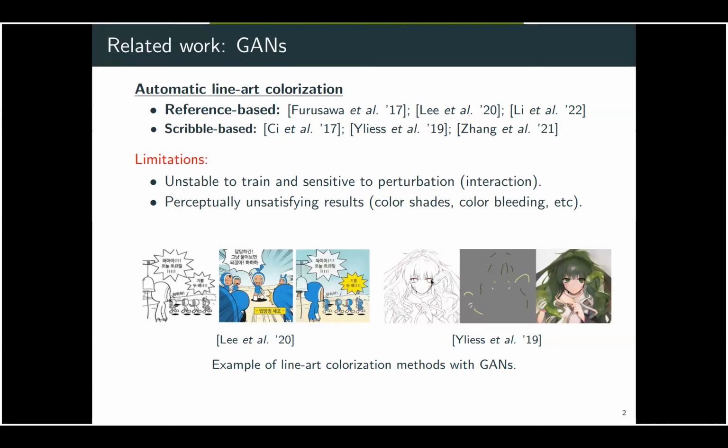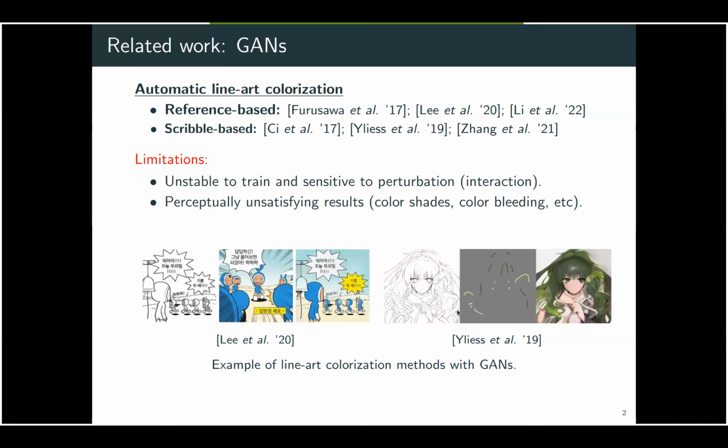These approaches can be divided into categories based on their interaction. It can be reference based or scribble based. In the first one, the idea is to transfer a particular artist's style from a reference color image to the line art by searching similarities between them, as in this example here.